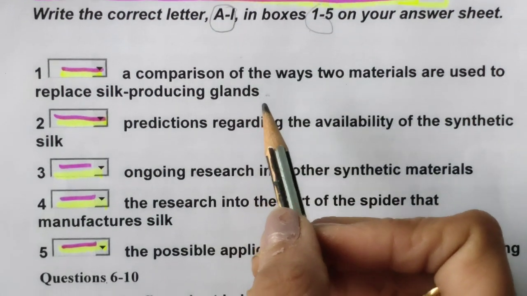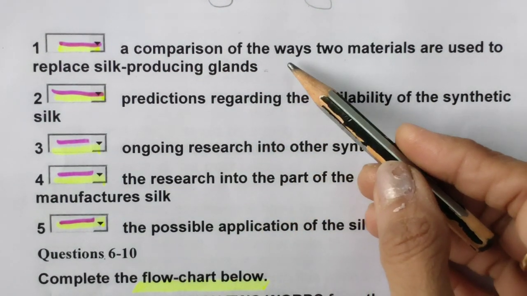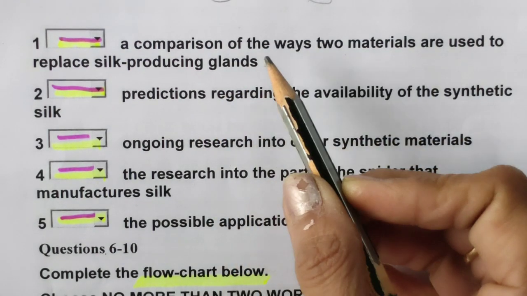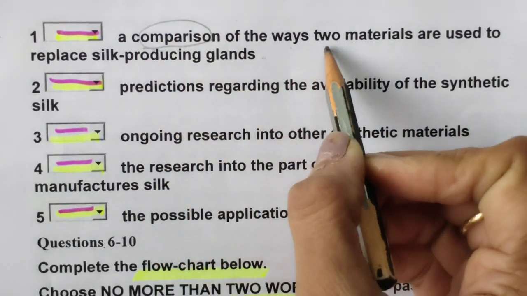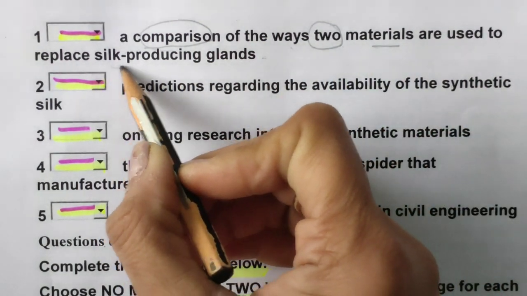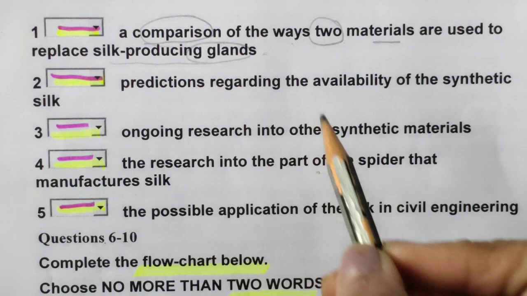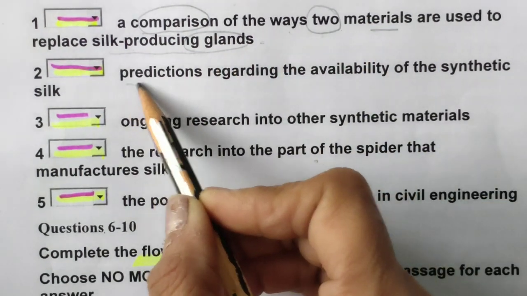Okay, so with the same strategy I will go through all the options first, like the list of headings. Within 30 or 40 seconds: some comparison of the two ways, the ways two materials are used to replace silk producing glands. Okay, some comparison will be there between two things. But predictions, wow.